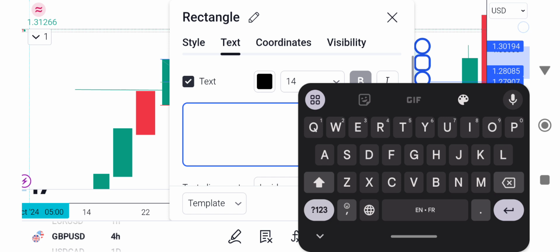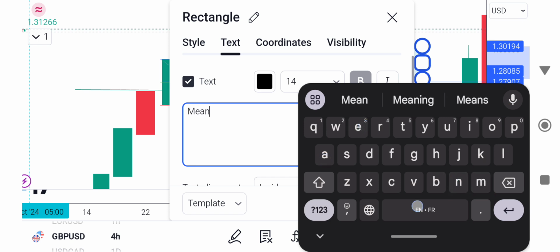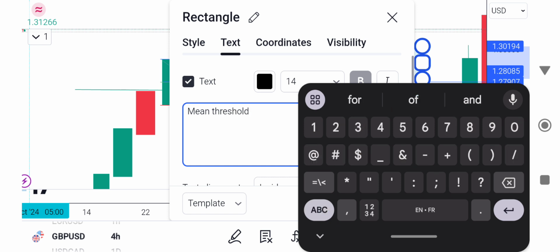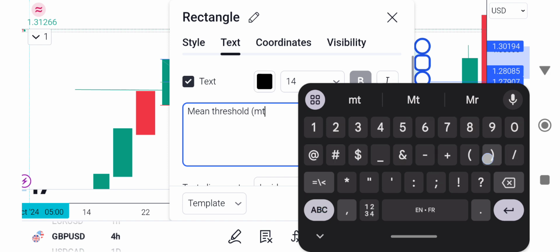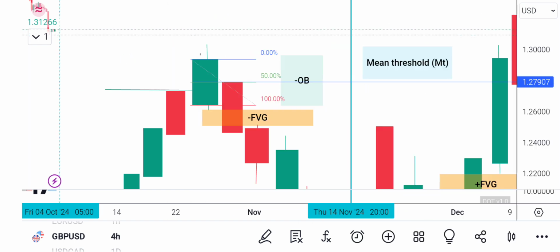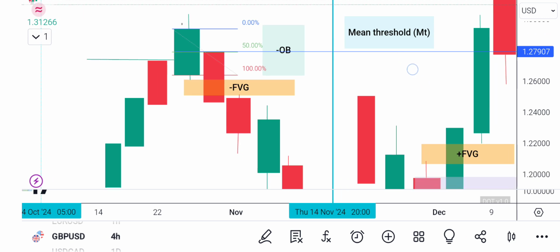IPTA will always refer to the mean threshold of an order block and use it as either a support or a resistance to take price. You can abbreviate it as MT. Mean threshold is the midpoint of an order block. I hope you understand that.